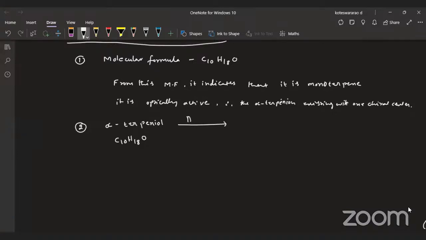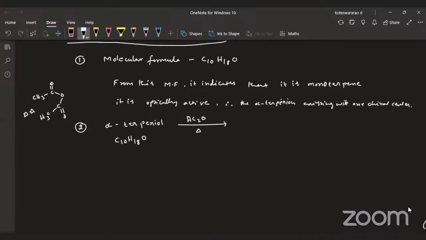Suppose this is the acetic anhydride, with oxygen, C double bond O, CH3. We call it acetic anhydride, or we can also show it as Ac2O. It reacts with acetic anhydride when we heat or boil it.